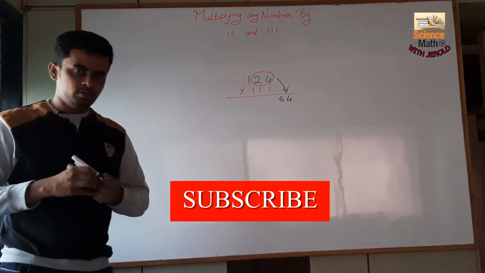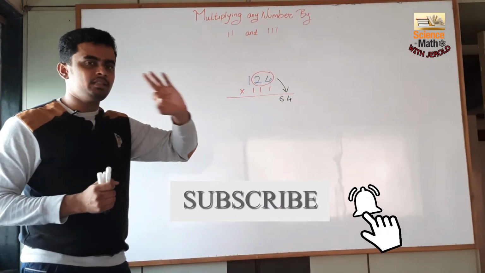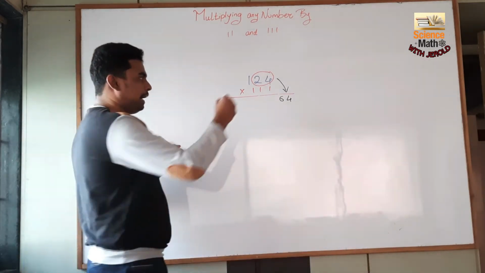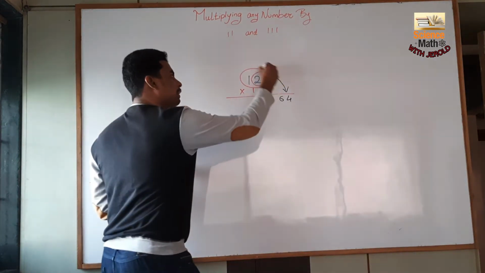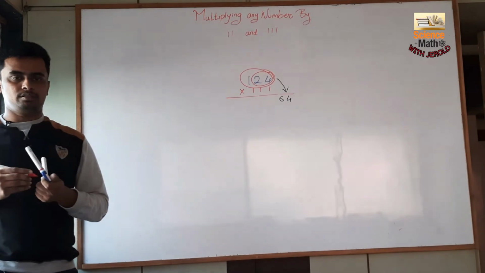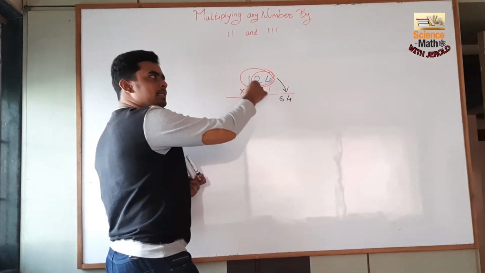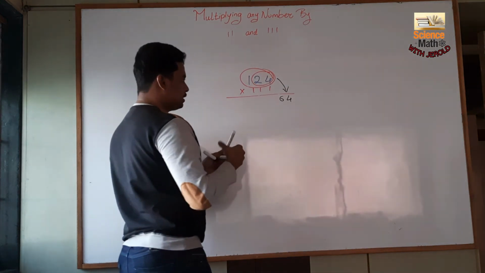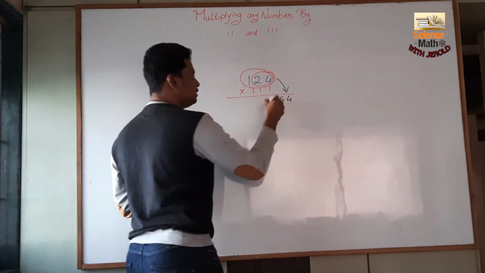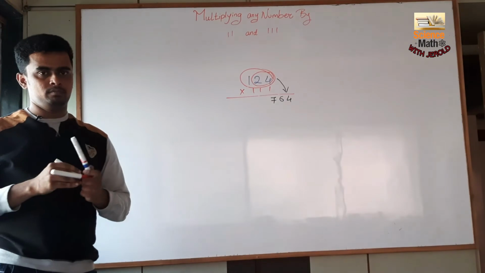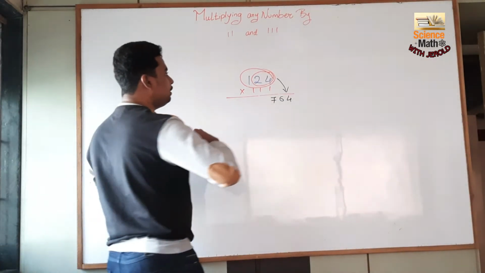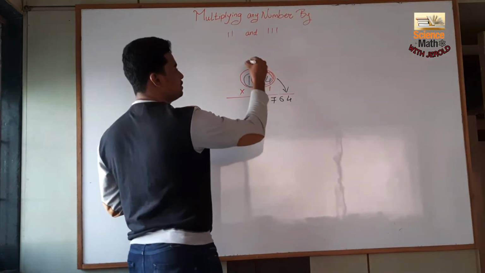But now this is 111, that is a 3-digit number. So after adding 2 digits, the next thing that I'll do is add the 3 digits. Adding 3 digits will give me 4 plus 2 is 6, plus 1 is 7. So the next number in my answer will be 7. Next, add these 2 digits.